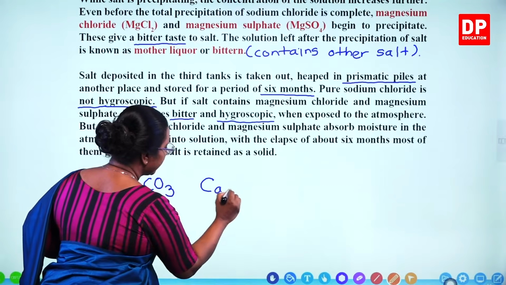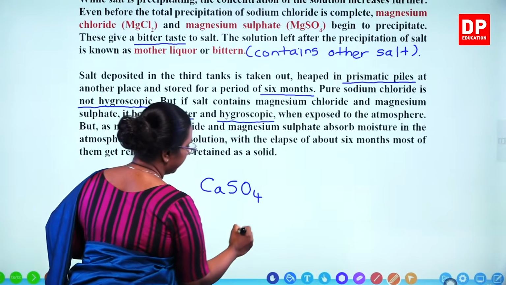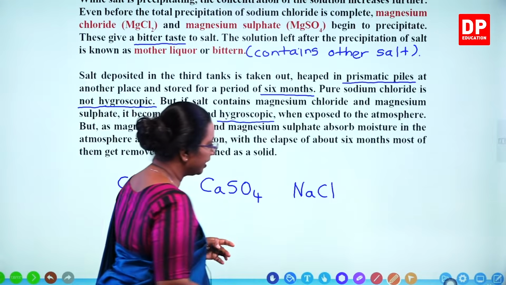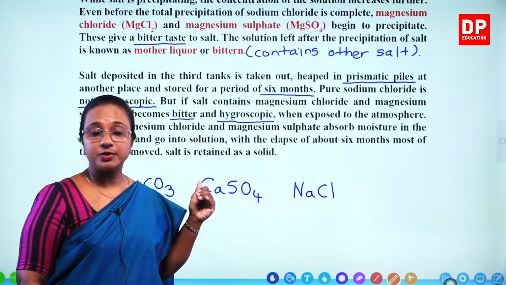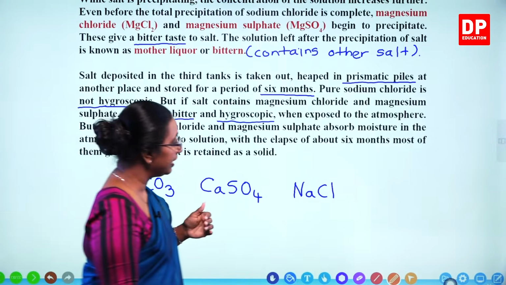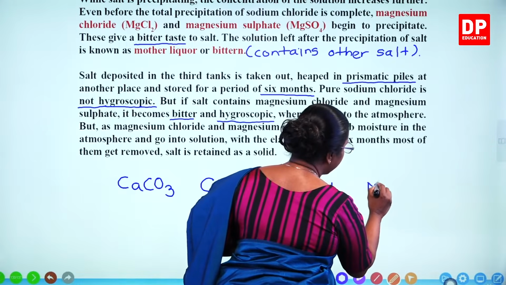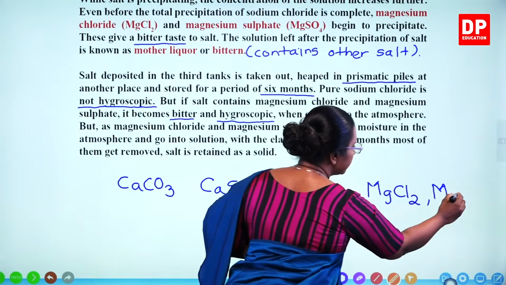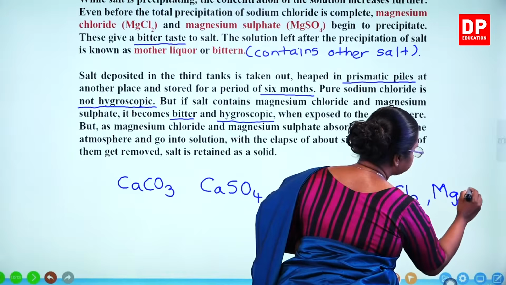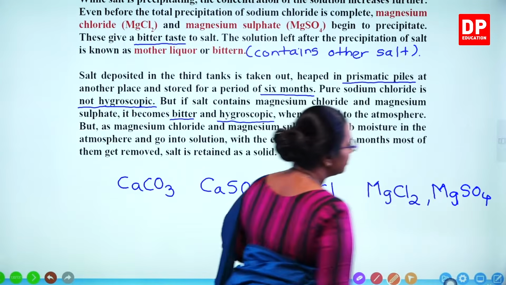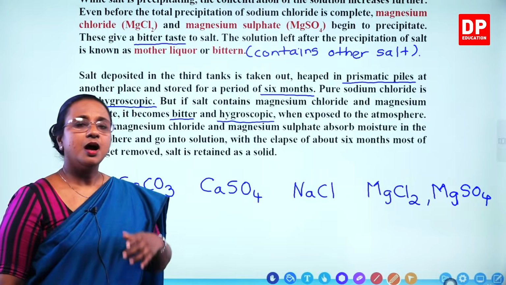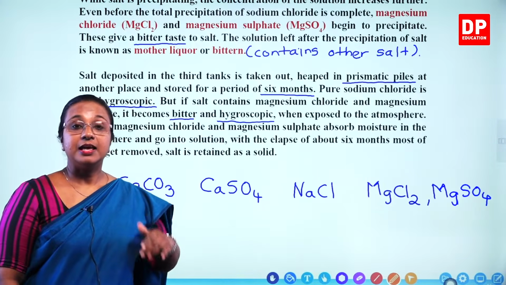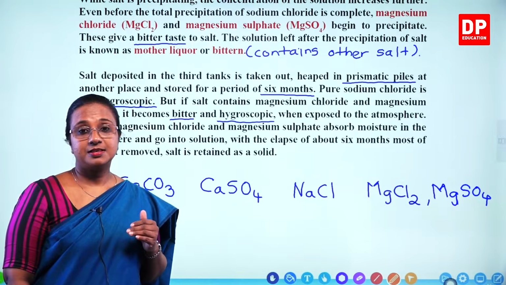Then it was calcium sulfate, and finally it was sodium chloride. But before sodium chloride could completely precipitate, the magnesium chloride and magnesium sulfate started precipitating. Why did they precipitate separately like this in different tanks?